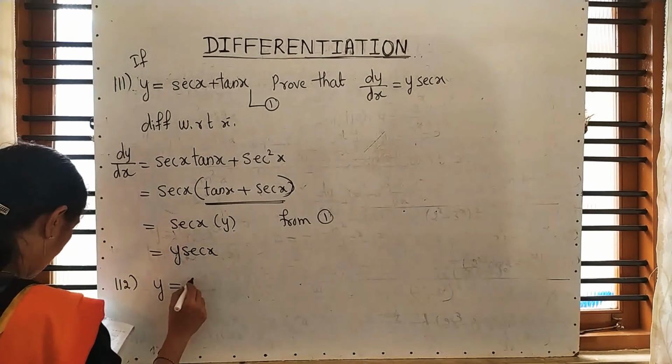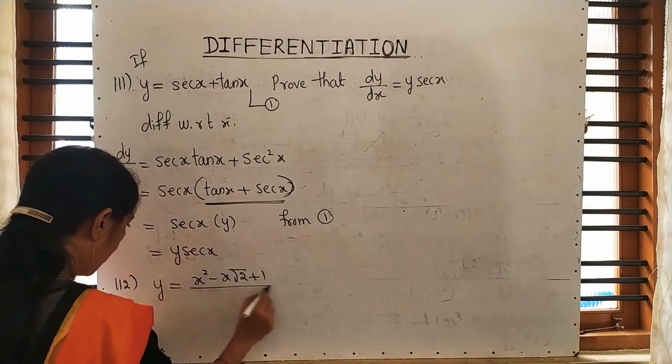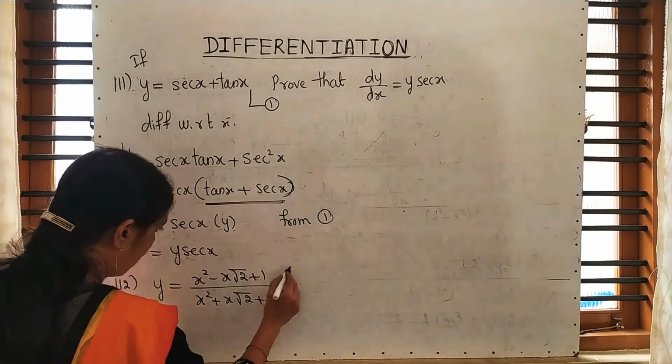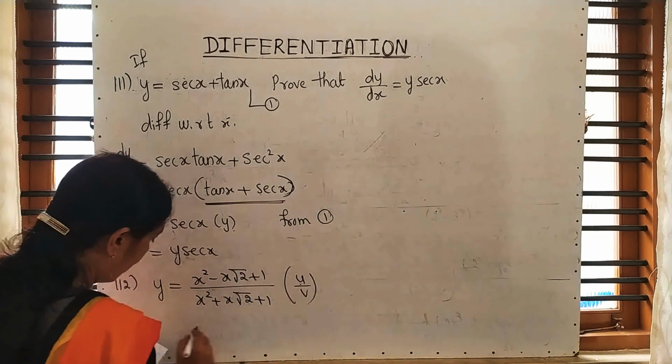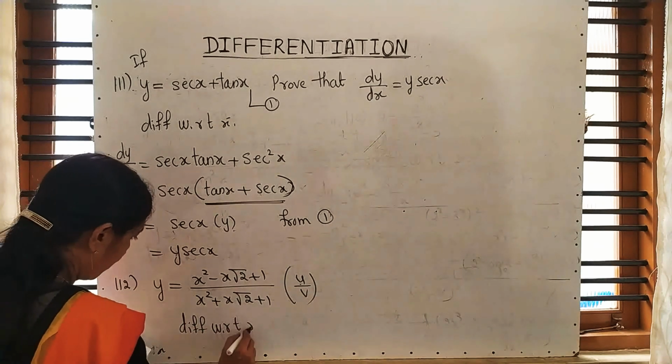Y is equal to x square minus x root 2 plus 1 upon x square plus x root 2 plus 1. Nothing but u by v method. Differentiating with respect to x.